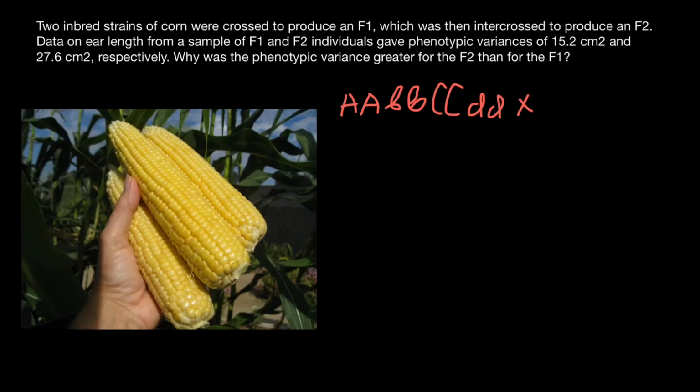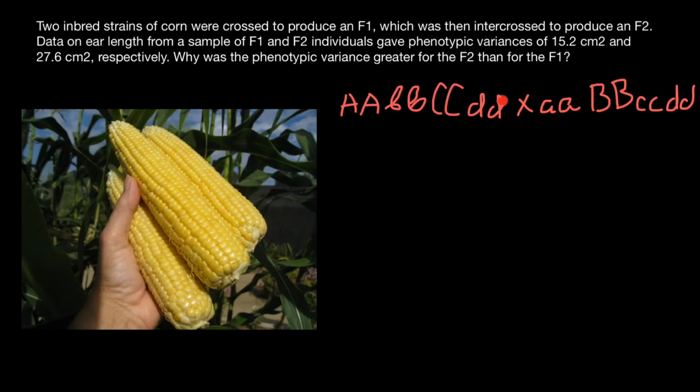So the genotype would be, say, homozygous recessive for the gene A, homozygous dominant for the gene B, homozygous recessive for the gene C, and homozygous recessive for the gene D. And as you see, it is not necessary that two inbred lines would be opposite of each other in respect of certain loci.